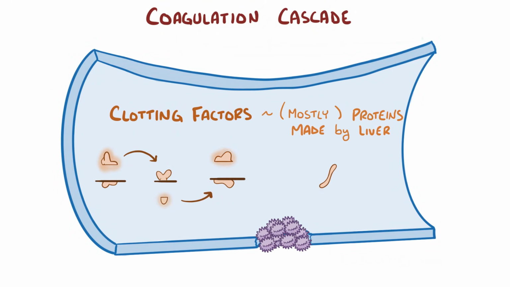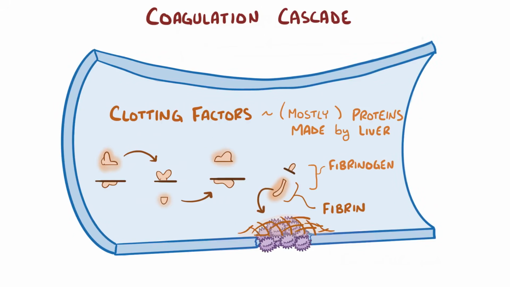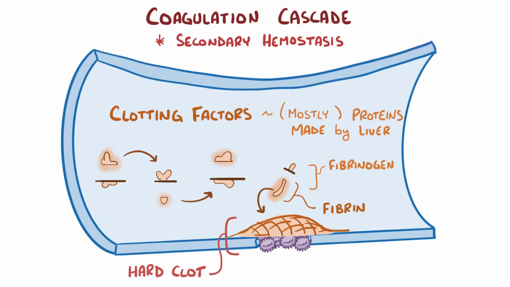The final step is activation of the protein fibrinogen to fibrin, which deposits and polymerizes to form a mesh around the platelets. So these steps leading up to the fibrin reinforcement of the platelet plug make up the process called secondary hemostasis, and result in a hard clot at the site of the injury.